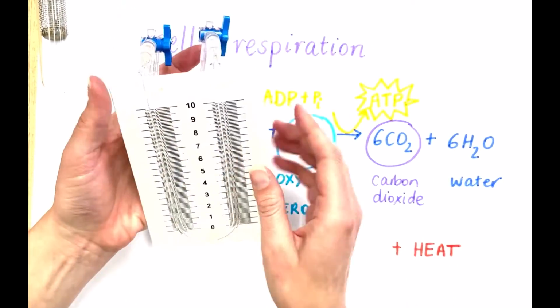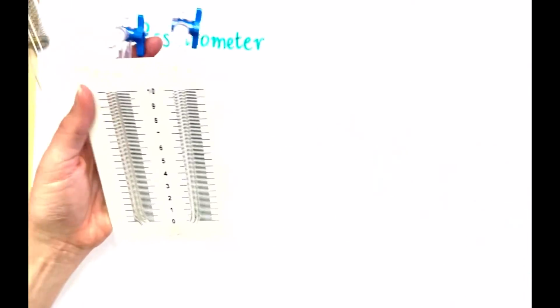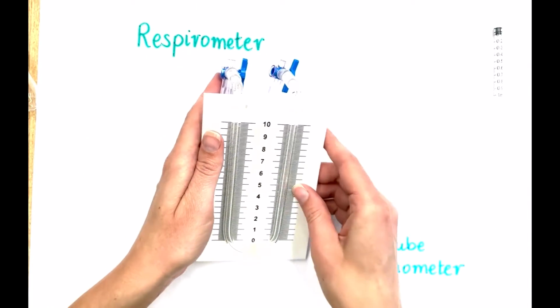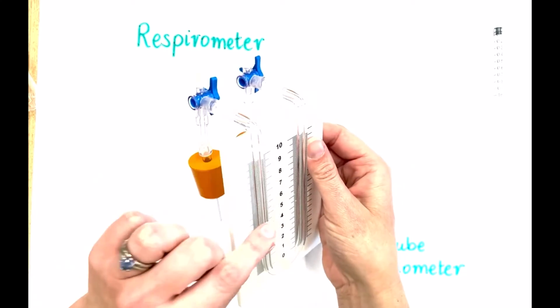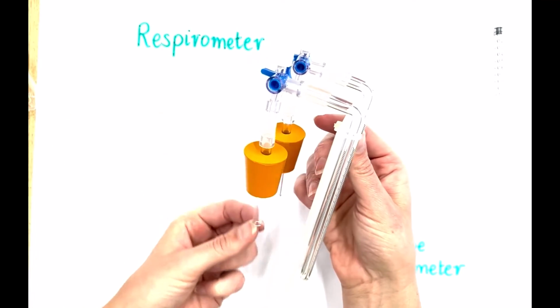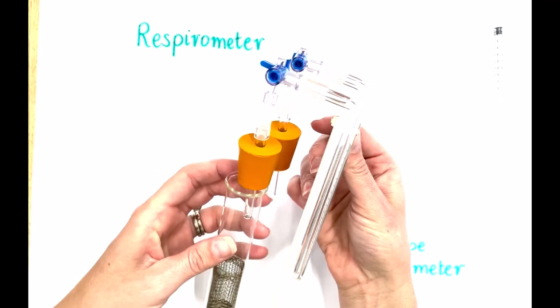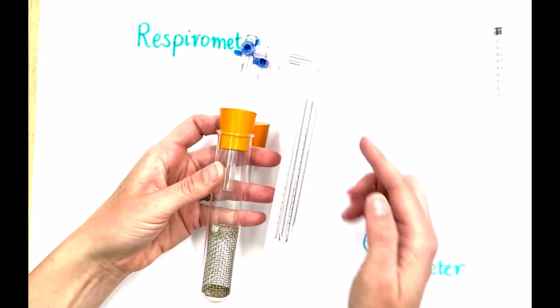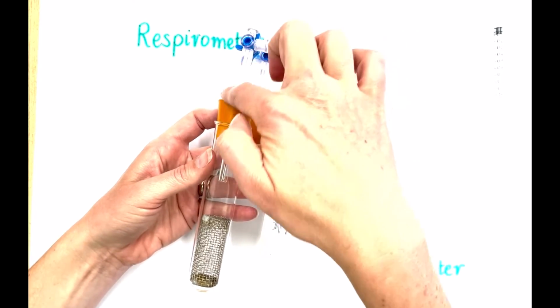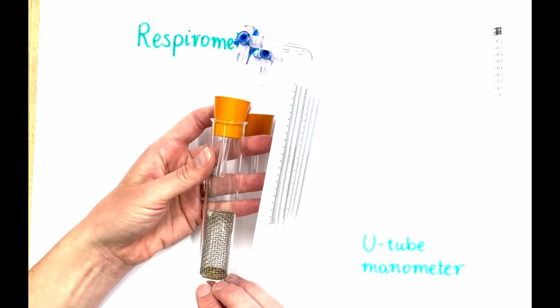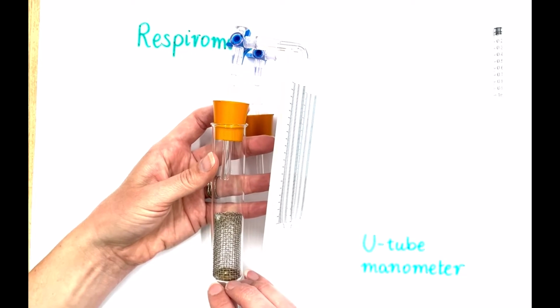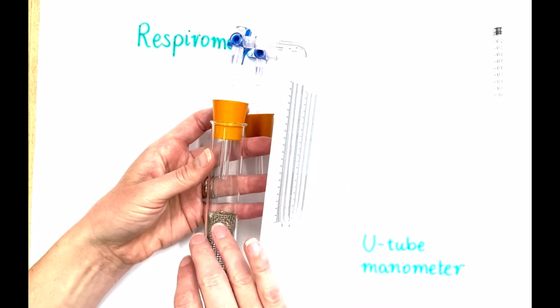And on this side, in our manometer, if we have some liquid that's in here, if air gets pulled down into our test tube, if we have air being drawn down in here and we're absorbing the carbon dioxide so it isn't replacing the oxygen, we're going to get a change in volume of gas.